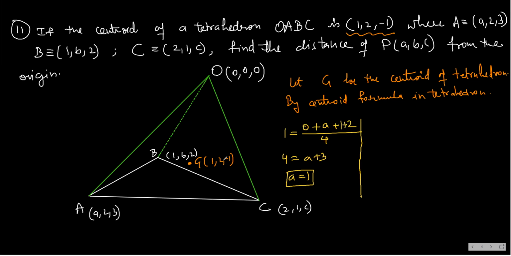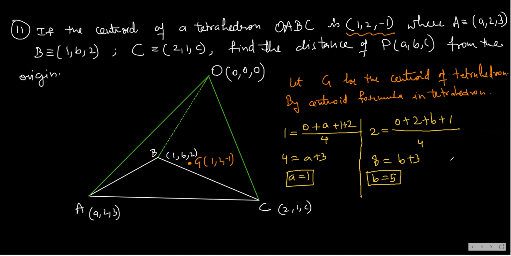Then I will go for the y coordinate of the centroid. 2 equals, add all the y coordinates, (0 plus 2 plus b plus 1) upon 4. So 8 equals b plus 3, b equals 5.